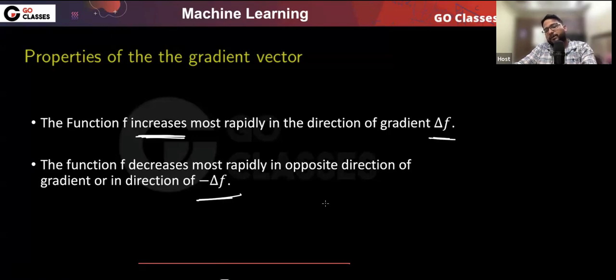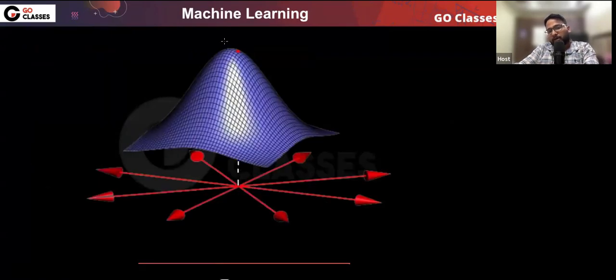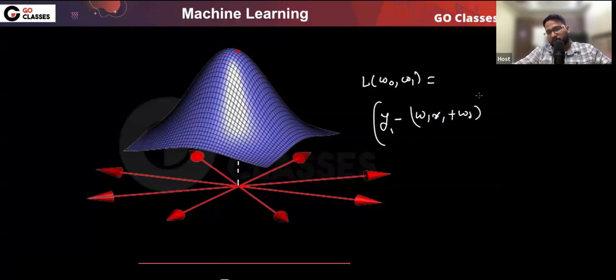Okay. For example, suppose this multivariate function is given to you. Let's suppose this function could be something like w1 x1 plus w naught, whole square, plus some other function.